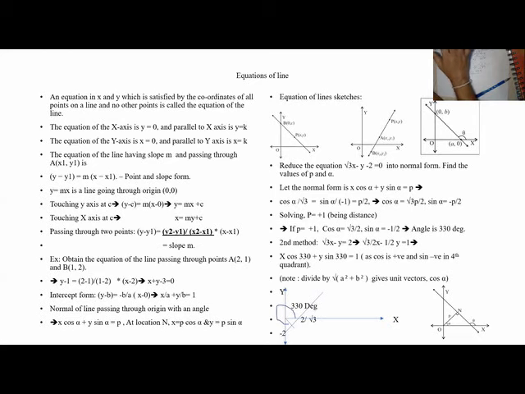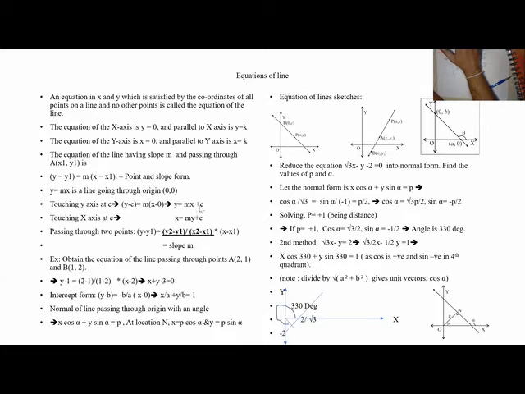So once we understand how we got this derivation, we'll never forget this equation. So y minus y1 is equal to m into (x minus x1), because (y minus y1) by (x minus x1) is m. So y is equal to mx is a line going through the origin. If it touches the y-axis at c, it is y is equal to mx plus c. If it touches the x-axis at c, it is x is equal to my plus c. This is what we have seen.